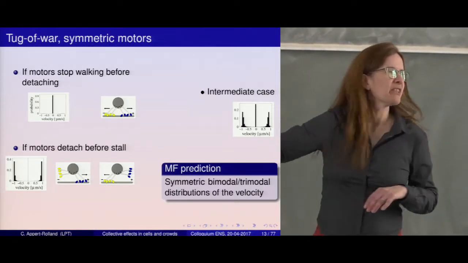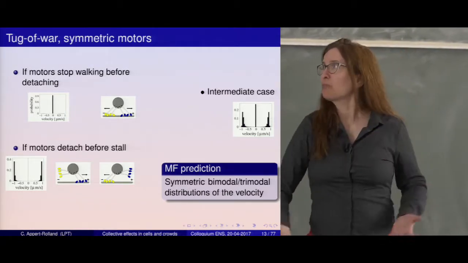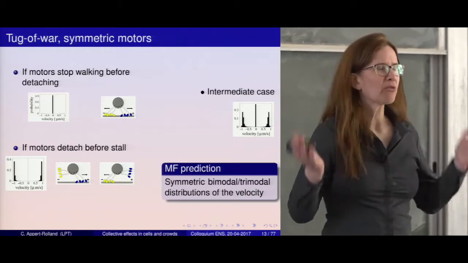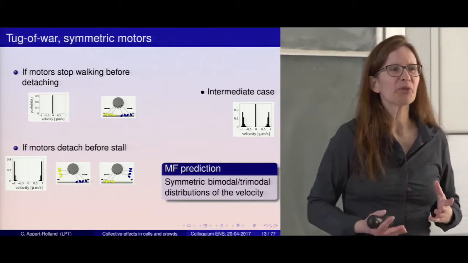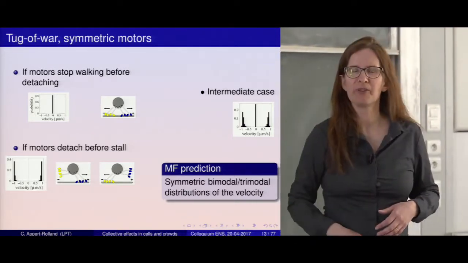And you have the intermediate case where you have the two situations. So the mean field prediction was, yes, with a tug-of-war, just by random fluctuation, you can obtain transport, and very efficient transport, just by pulling off the other team.